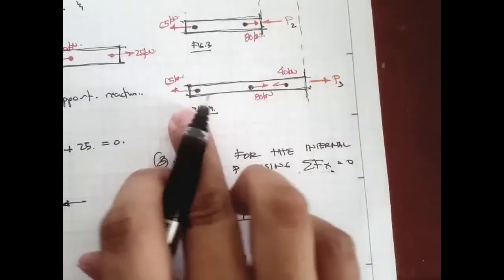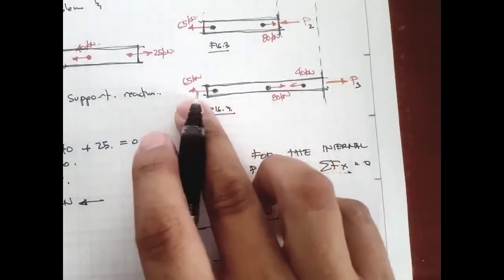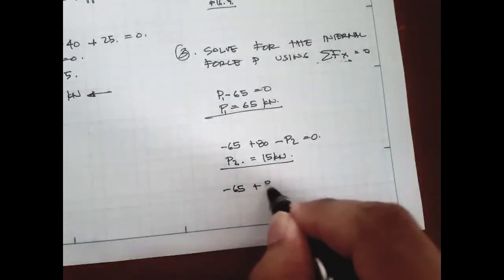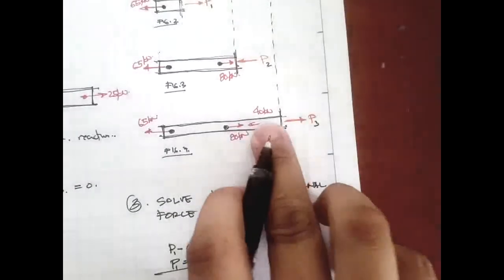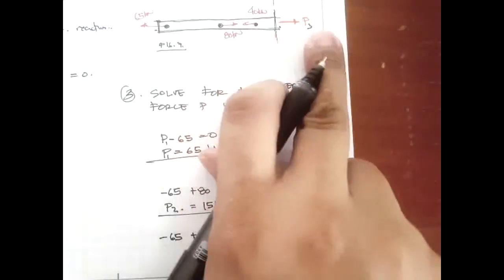kilonewtons. And for this figure 4, if we apply the equilibrium equation, we get minus 65, plus 80 minus 40, plus P sub 3.